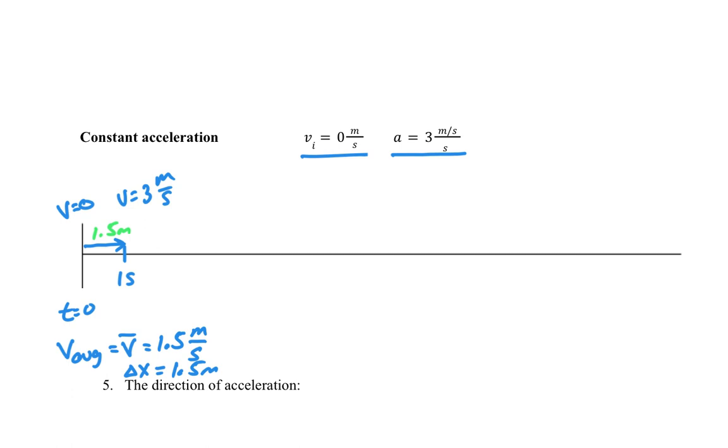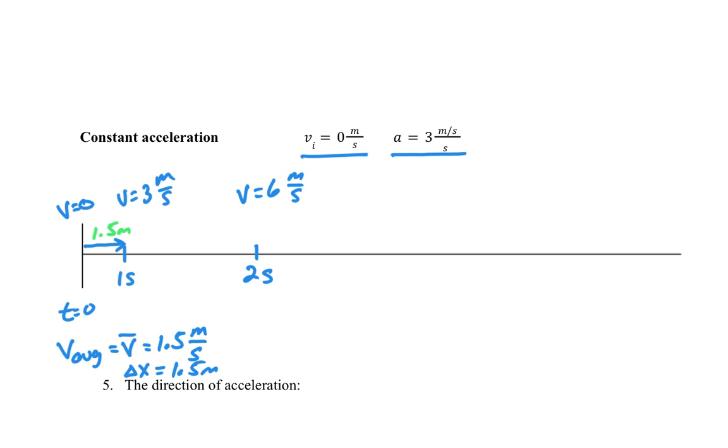So now let's see what happens between 1 second and 2 seconds. I'm going to cheat a little bit because I know my step size is going to get bigger. After 2 seconds, the velocity is now different than 3 meters per second. It's changed. 1 second has passed, so the object has gained another 3 meters per second of velocity. It's now traveling at 6 meters per second.